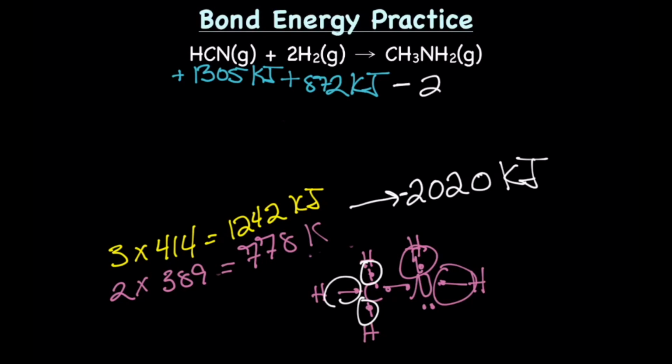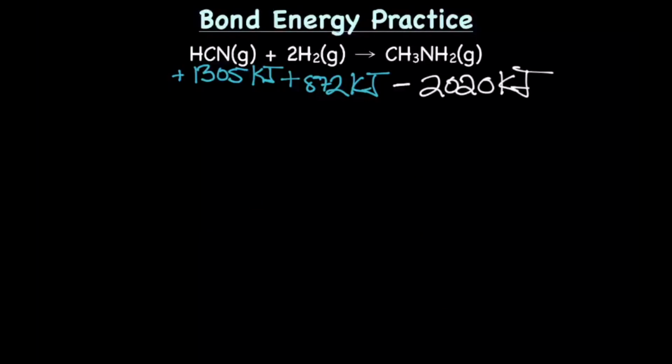And this energy is being released, so it's going to be negative. So minus 2020 kJ. And now all we got to do is add all this stuff up, giving us a delta H reaction of 157 kilojoules.